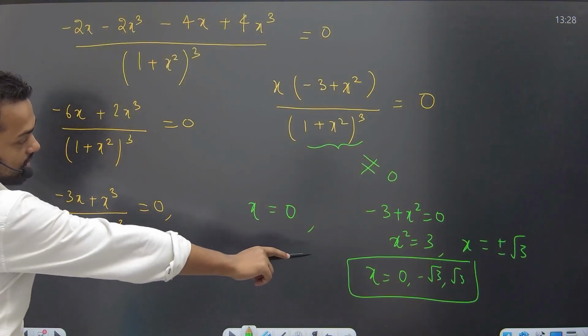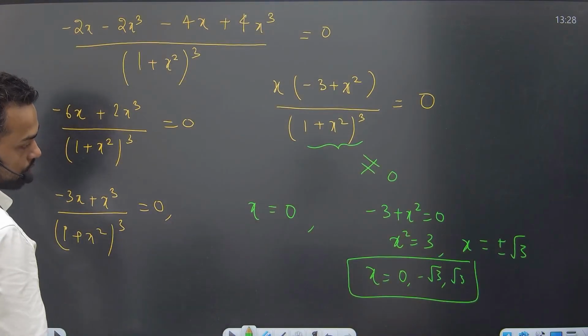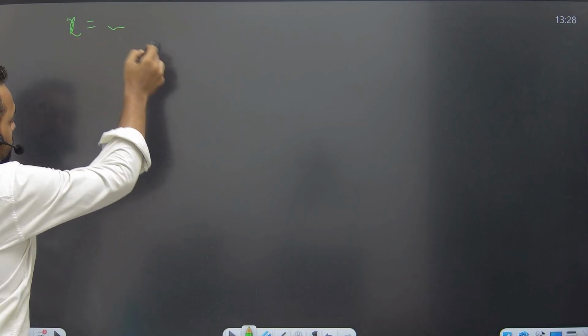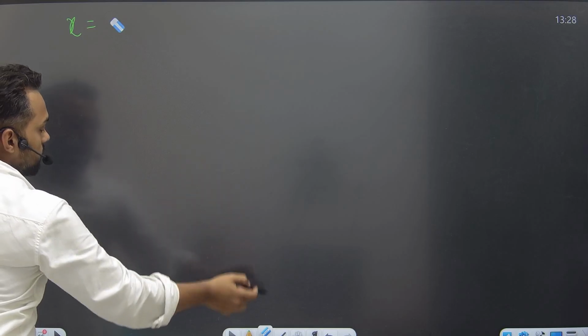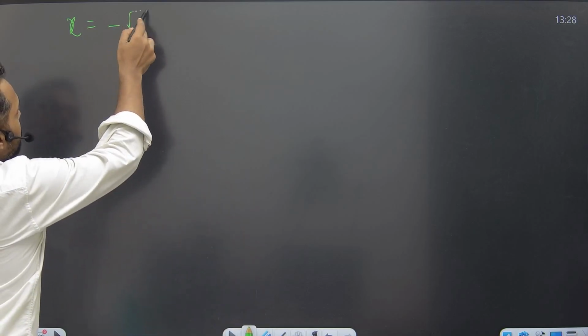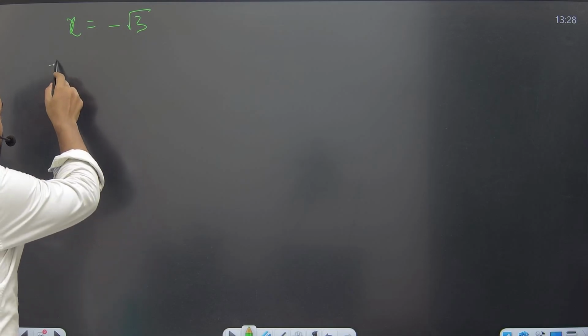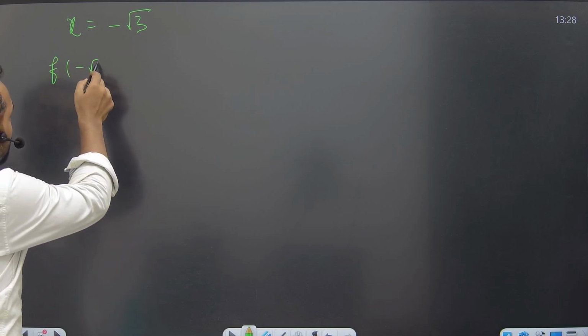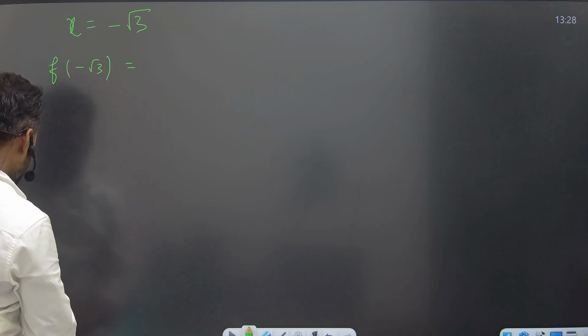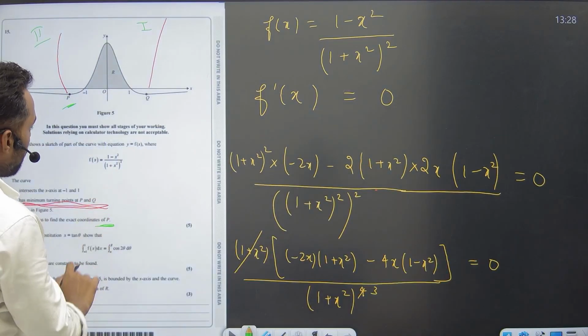So x here is negative root 3. Now what we need to do is plug in the value of negative root 3 into the original function which they have given in the question.